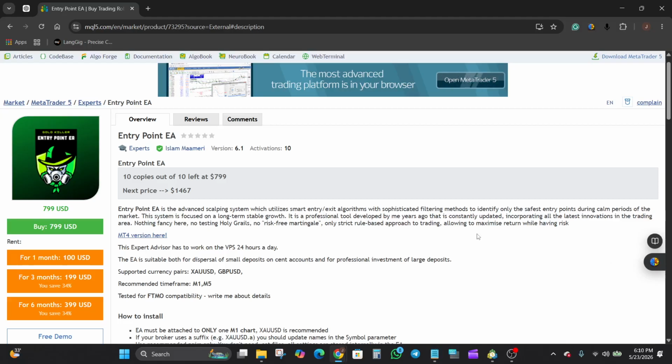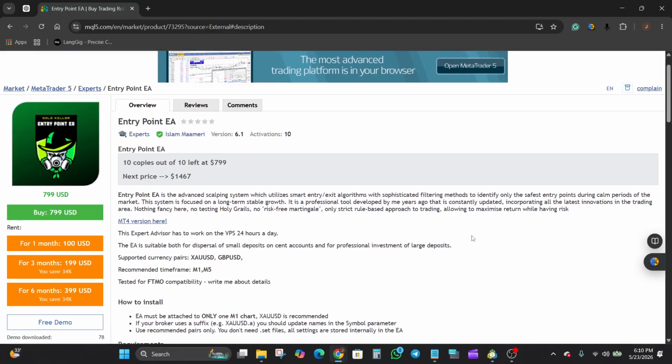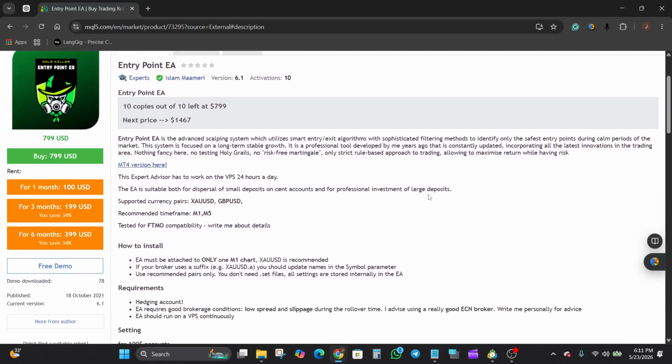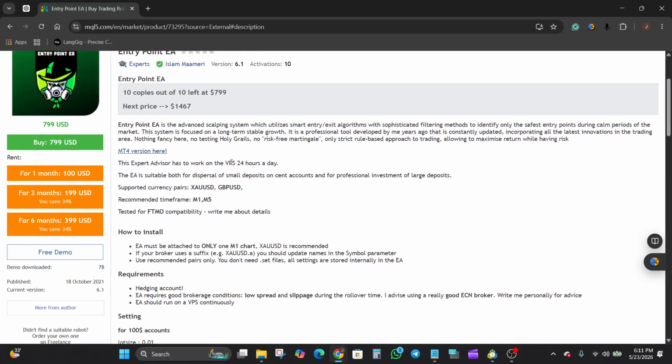So the emphasis here is more on structured, rule-based execution rather than aggressive or overly complex trading behavior. Now, one important thing mentioned is that the EA is designed to run on a VPS 24 hours a day, which suggests it is built for continuous market monitoring rather than occasional activation.